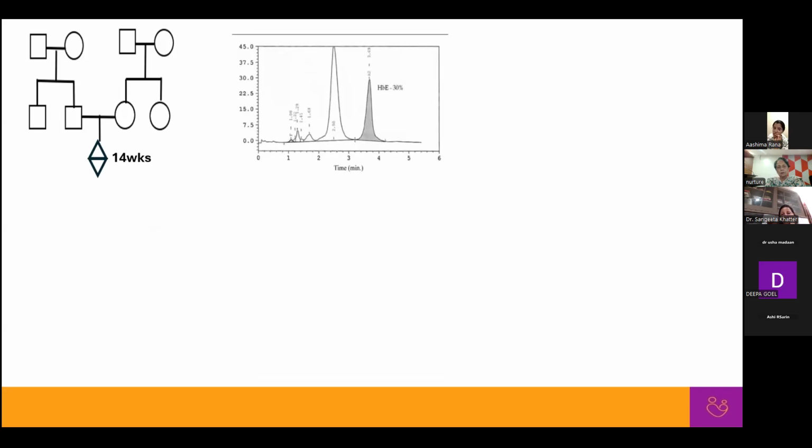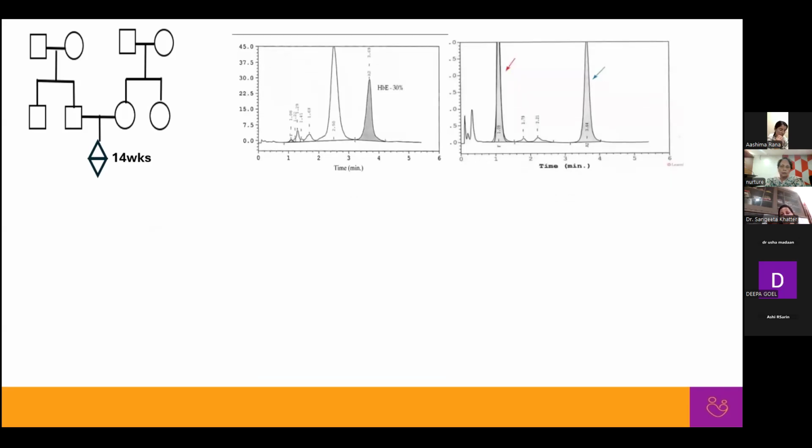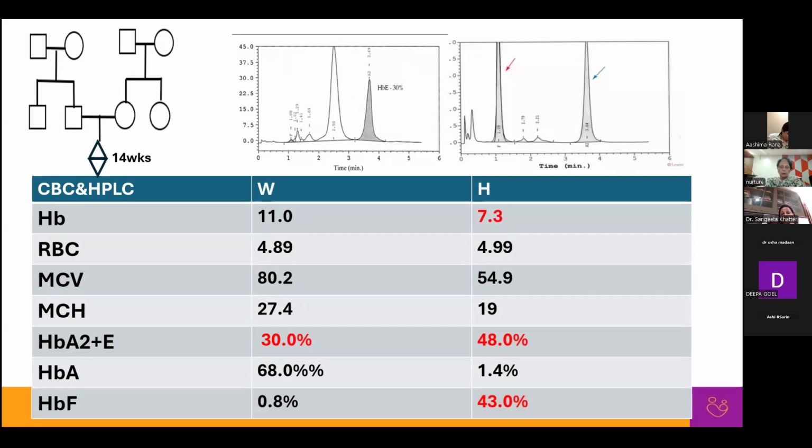So this couple, non-consanguineous, 14 weeks pregnancy, were referred to me for the HPLC report. As we can see, the wife was having HbA2 plus E of 30%. The husband was having anemia as well as HbA2 plus E of 48% and HbF was 43%.